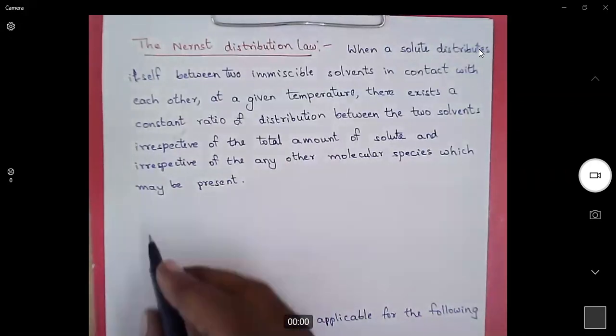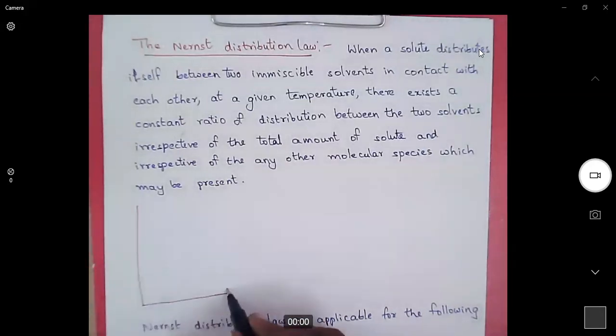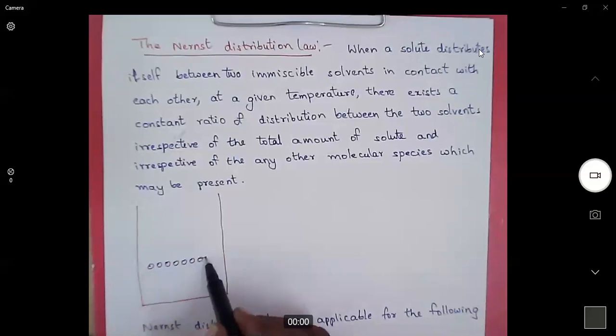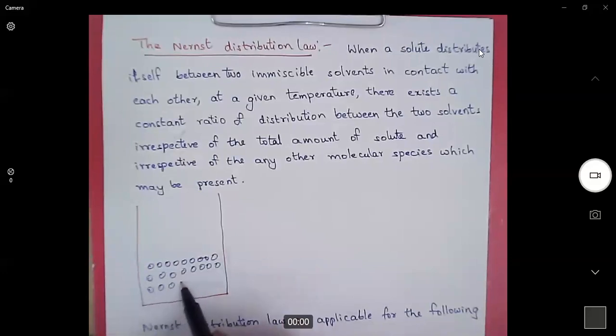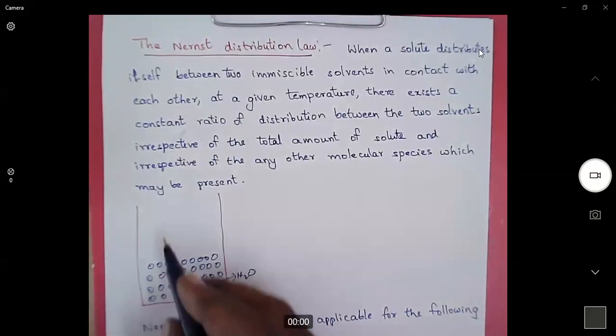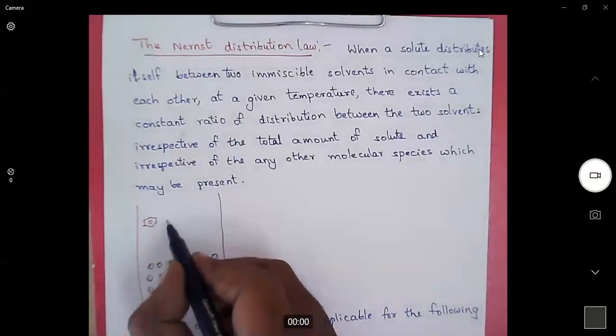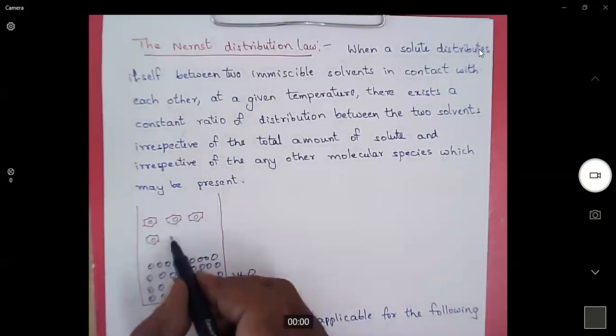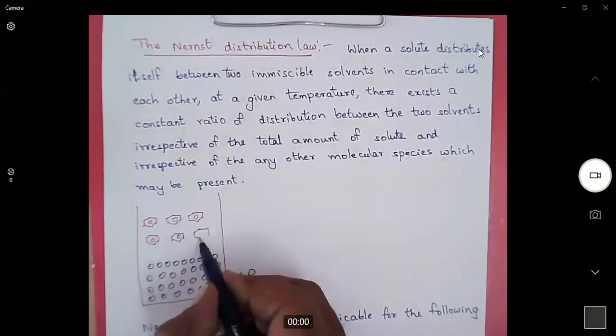When we take two immiscible liquids, for example, we have this experiment in the second year, so I will explain it. When we take water, this is water, and when we take benzene, water and benzene are two immiscible solvents.